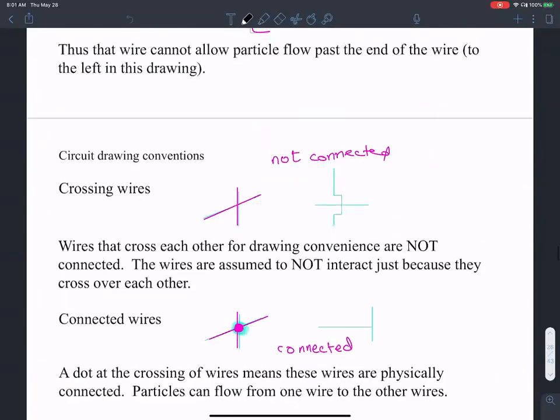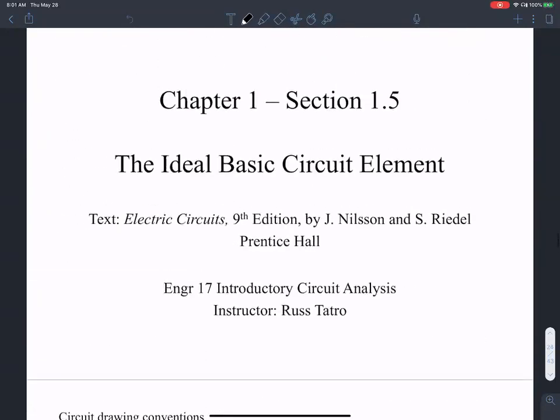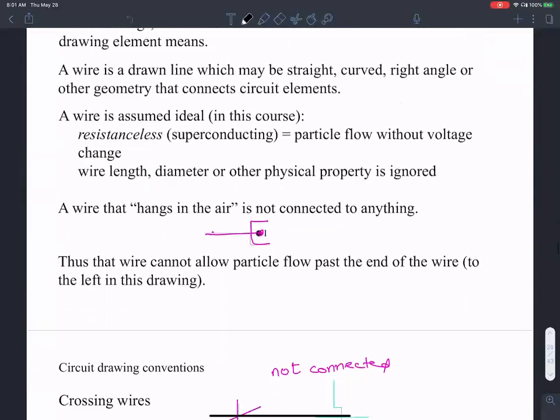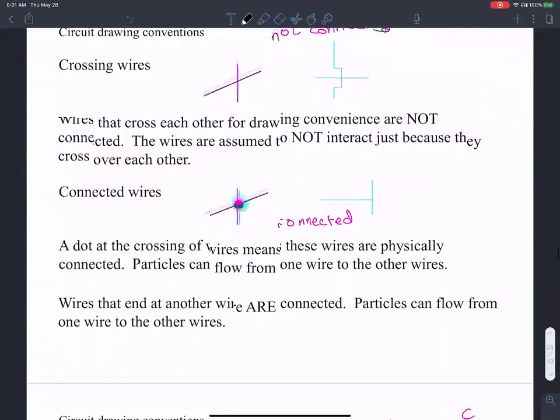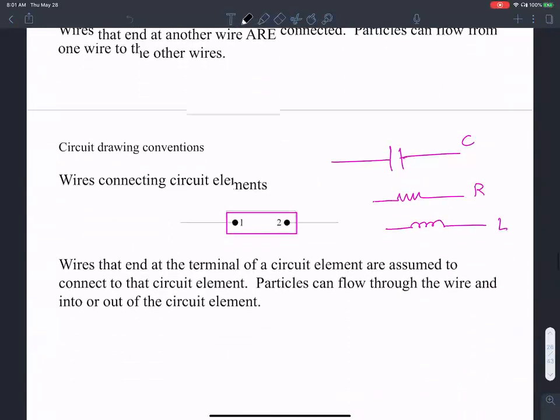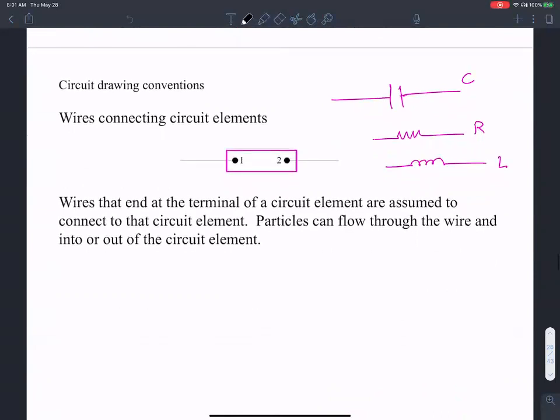What we did was to begin with the idea of a basic ideal circuit element: its symbol, how wires are connected, what it means to be a connected and not connected wire, crossover, and so on.